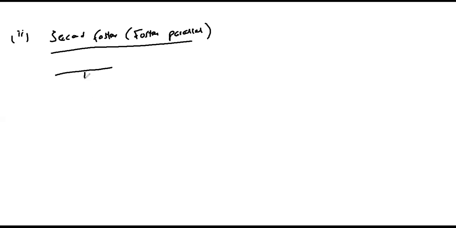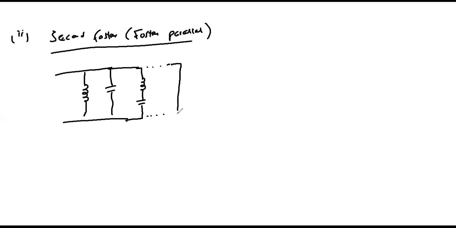Means you can have an inductor in parallel with a capacitor, and if there is any combination of inductor and capacitor in series, it is in parallel with the entire network. So our network will be a network of that format: inductor, capacitor, series inductor-capacitor, all of them in parallel, and that would constitute our Foster parallel or second Foster canonical form.